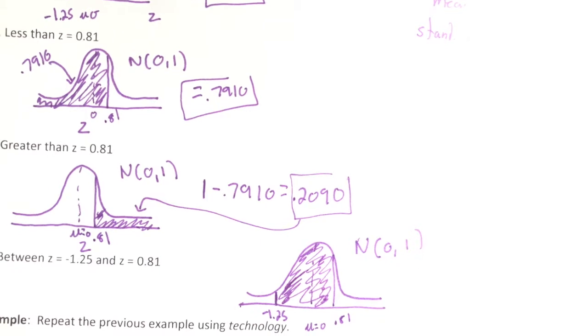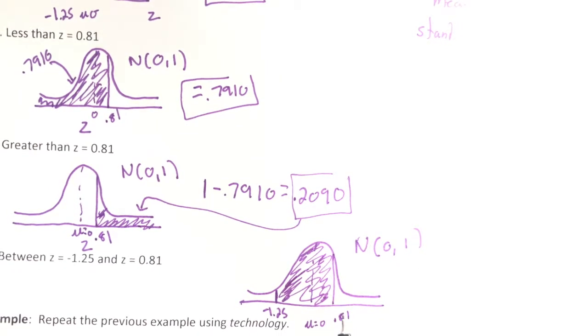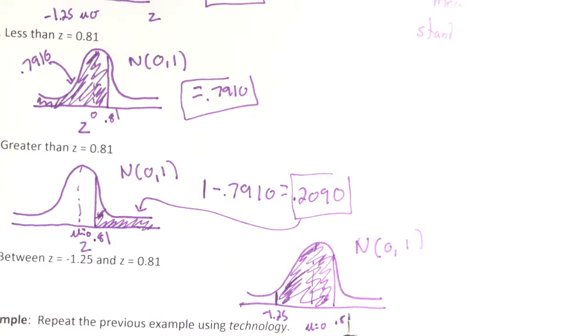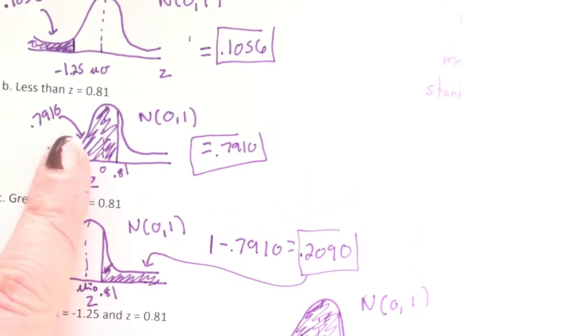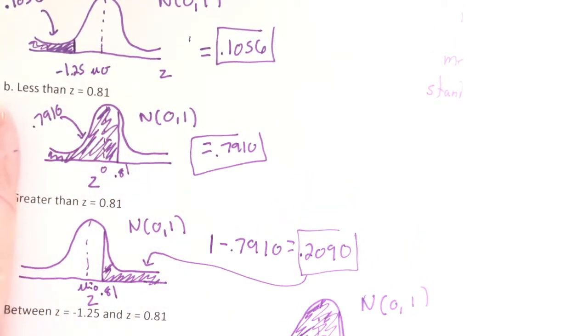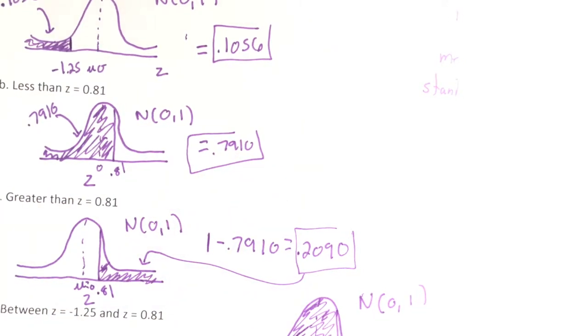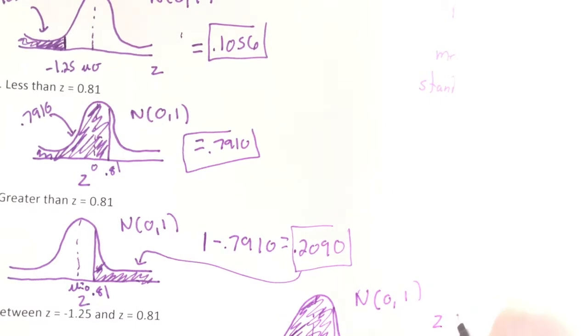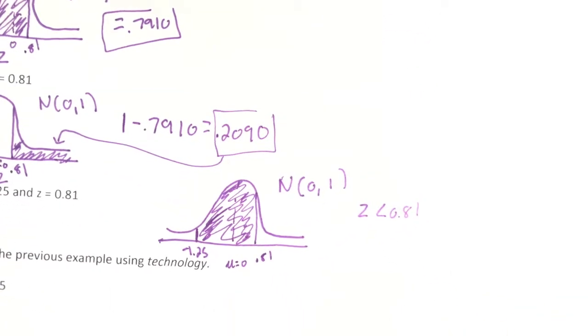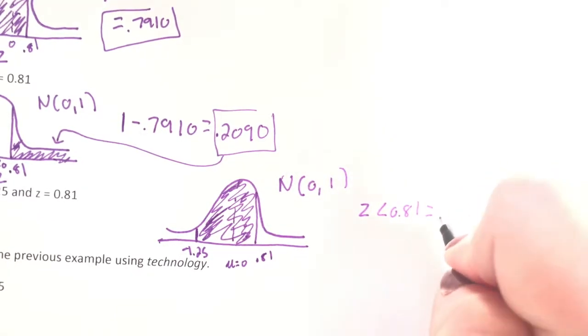Using our table, we found in part B that when z was less than 0.81, everything to the left of 0.81 was equal to 0.7910. I'm going to mark that on my paper right here.